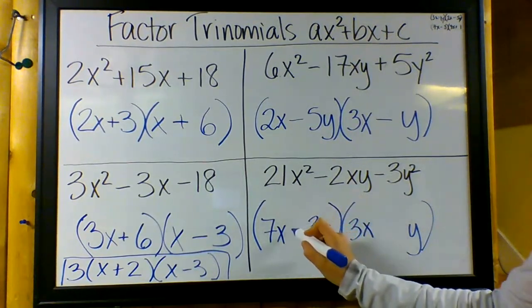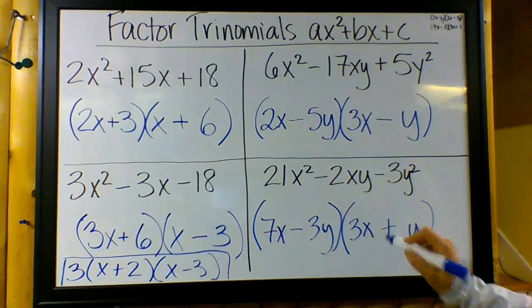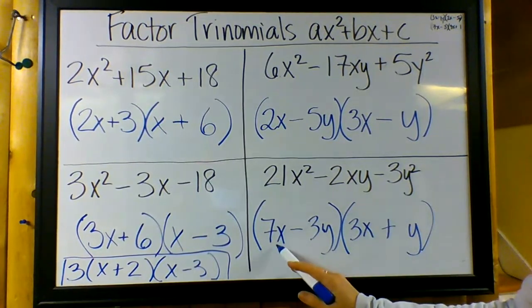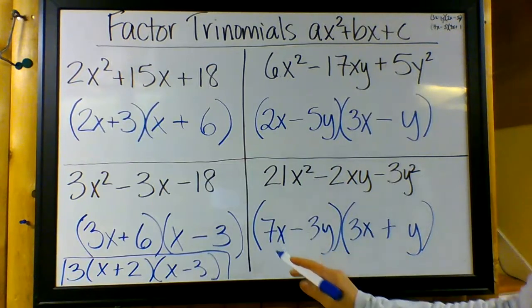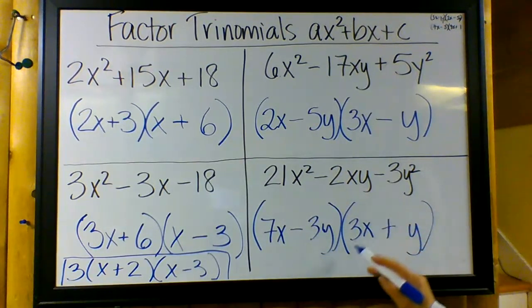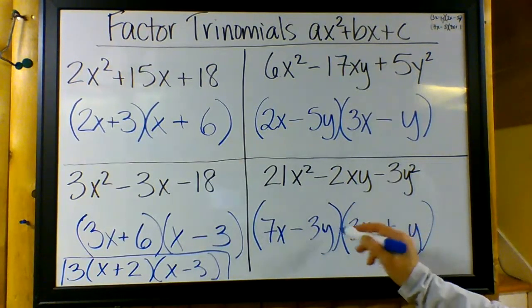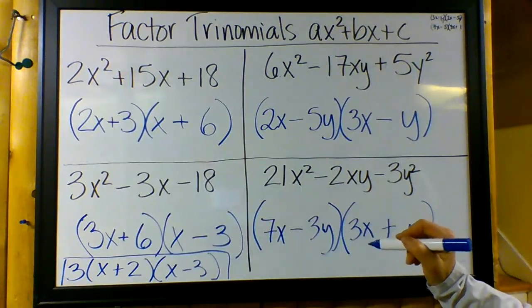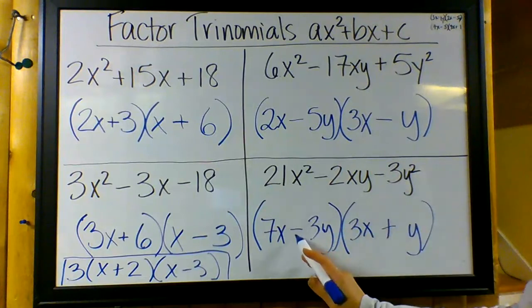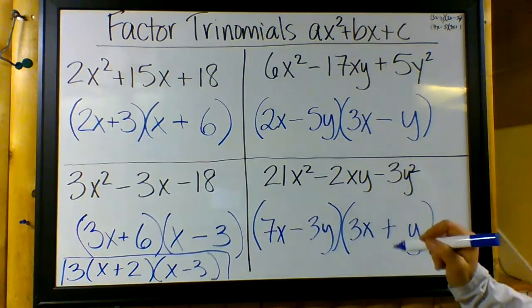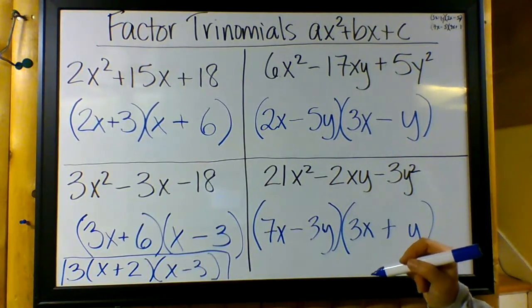And I need this to be negative, so I'm going to make negative 9, positive 7. Let's test it. 7x times 3x is 21x squared. Positive 7y and negative 9y, or xy, excuse me, are negative 2xy. And negative 3y times positive y is negative 3y squared.